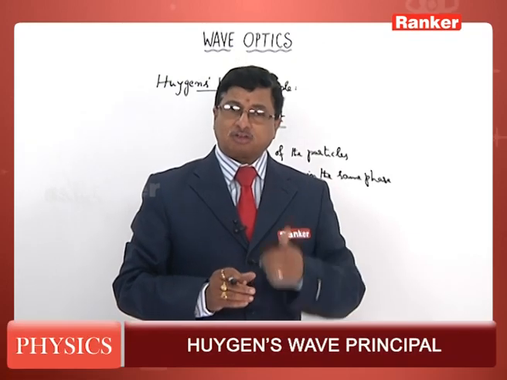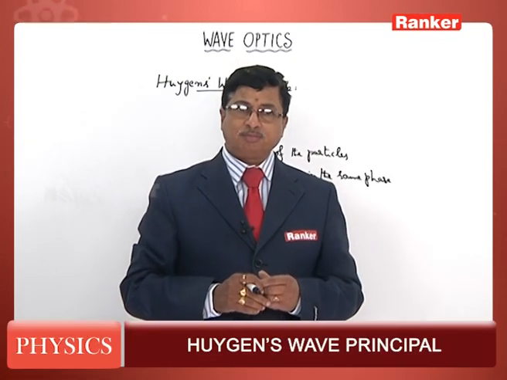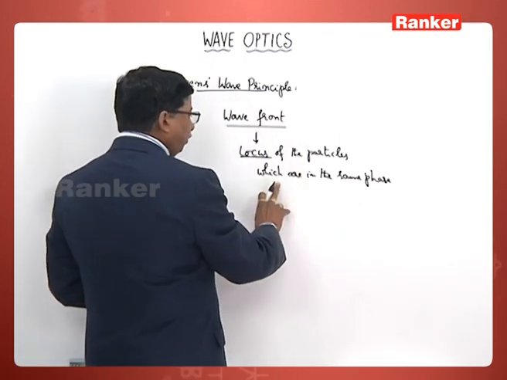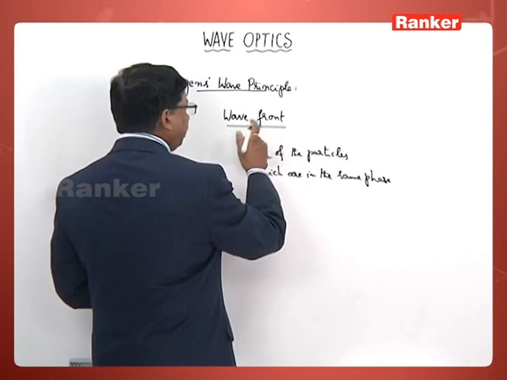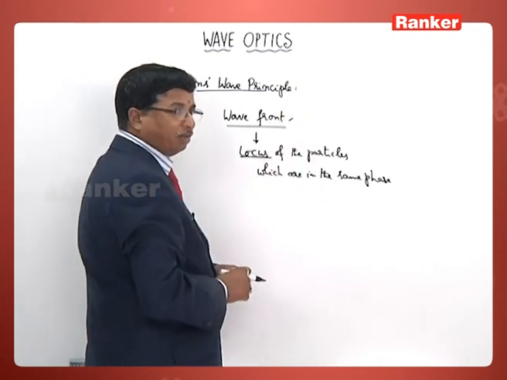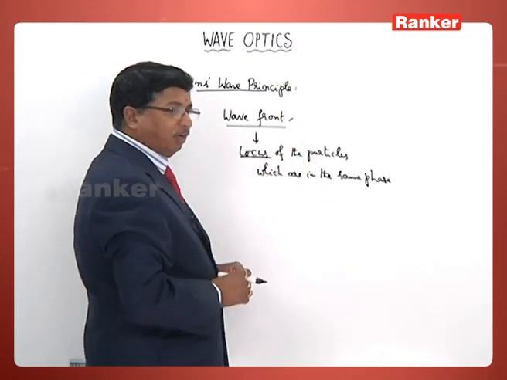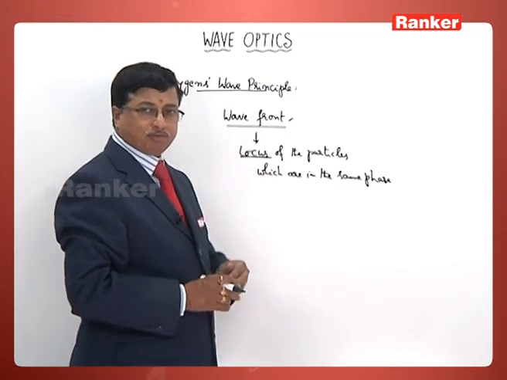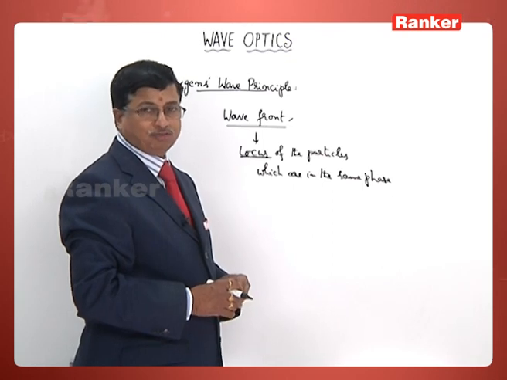That is the concept one has to understand. So, the locus of the particles which are in the same phase we call a wavefront. When we take wavefronts, there are different shapes we have imagined.